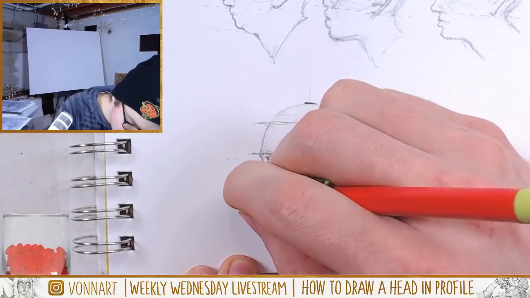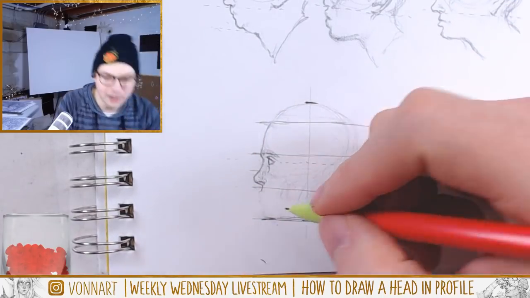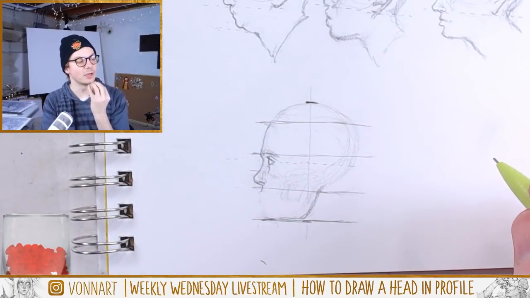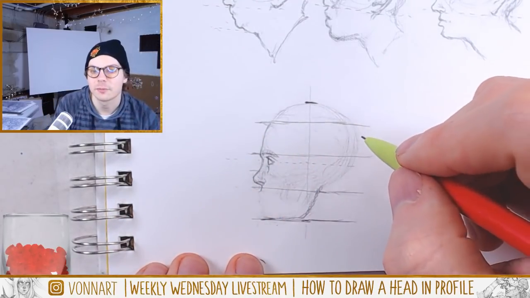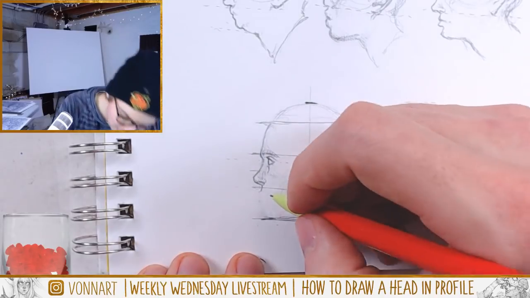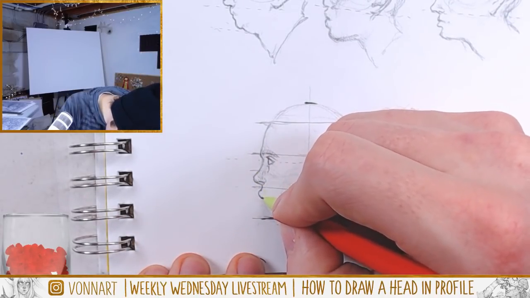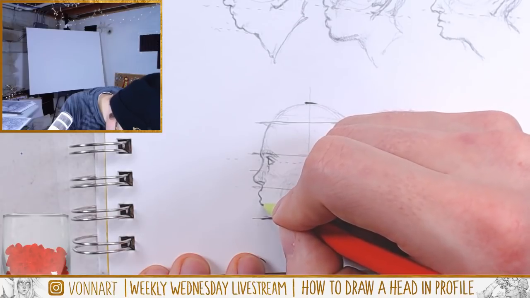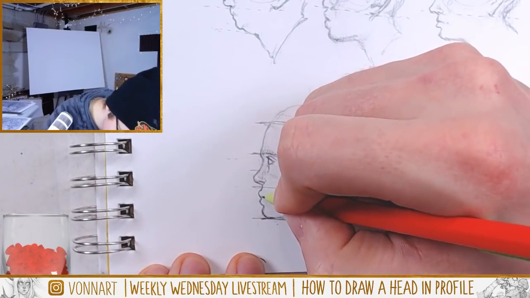Depending on how strong you want the jaw to be, that's how far you want the very point of the jaw to be. Some people have more of an underbite or overbite, and that would push the jaw forward. So make sure you're aware of that while you're drawing the chin as well. I'll give him just a very normal looking chin.